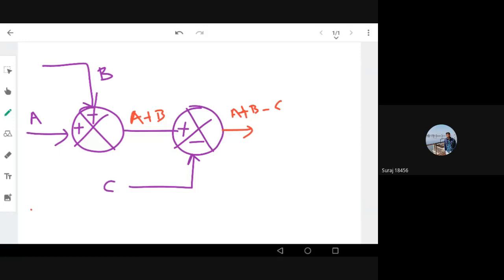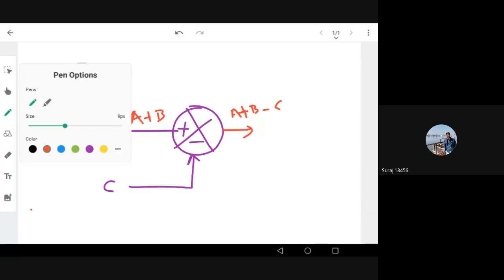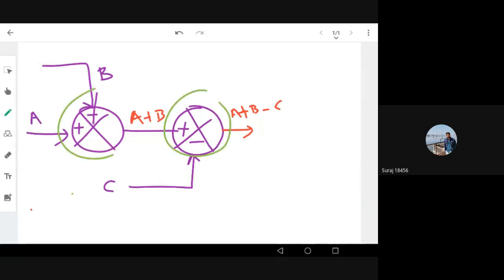So if we interchange these two summing blocks, what will happen? These two summing blocks are interchanged. It's like a commutative law. If we interchange, nothing changes.